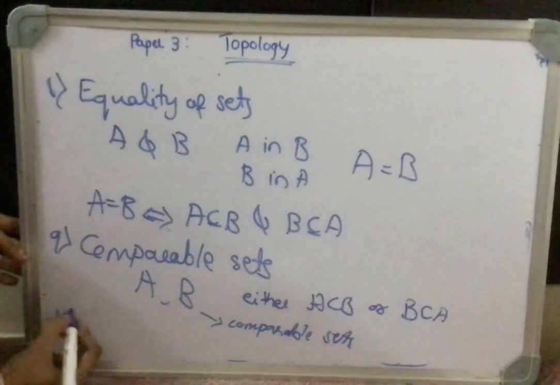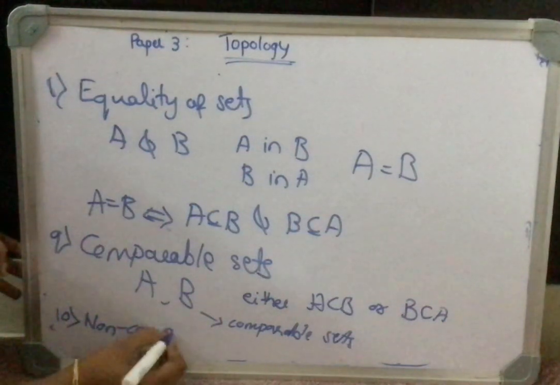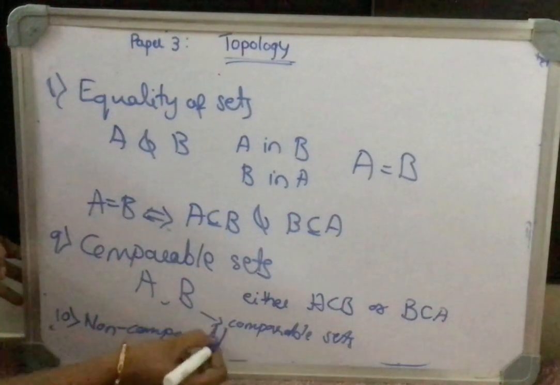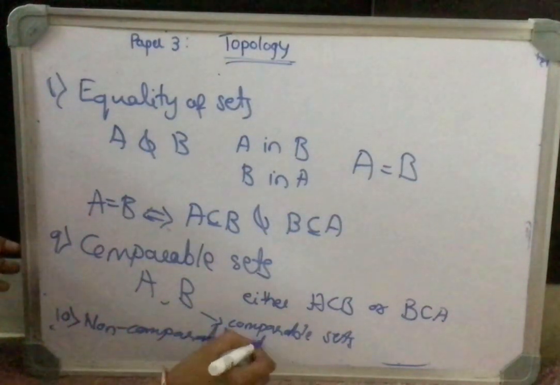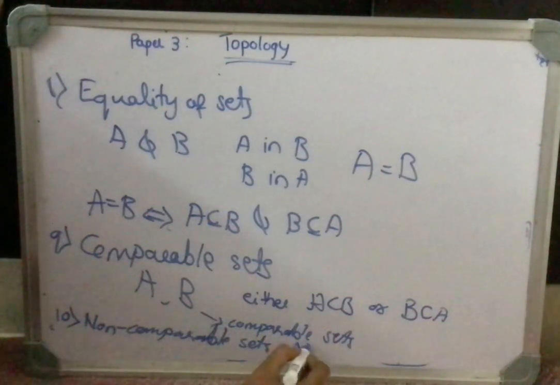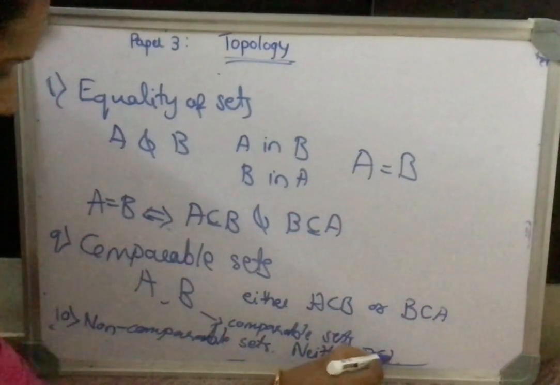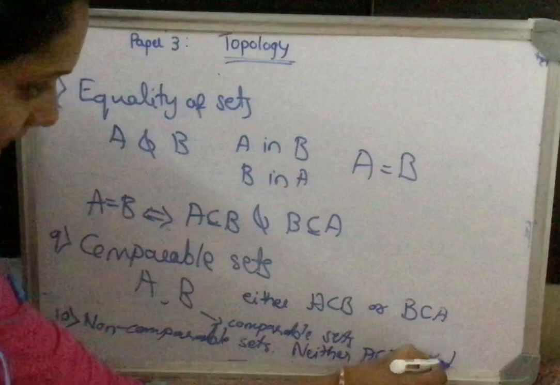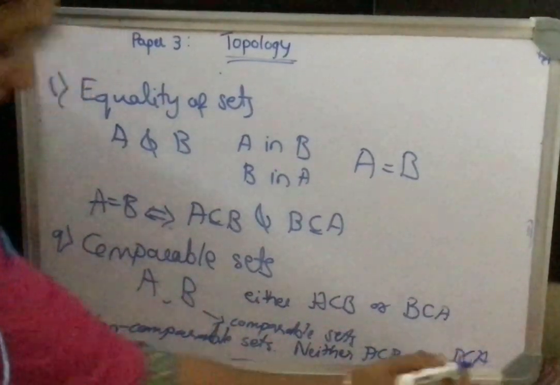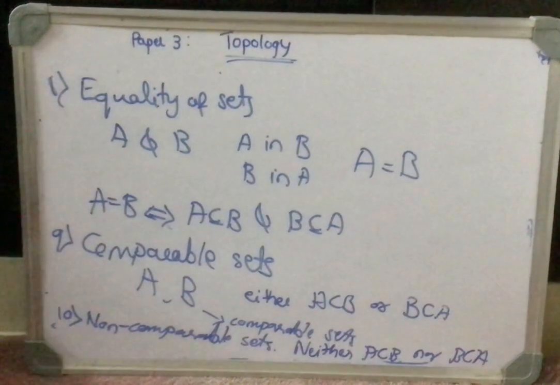Next is non-comparable sets. If A and B are any two sets, neither A is a subset of B nor B is a subset of A, they are called non-comparable sets.